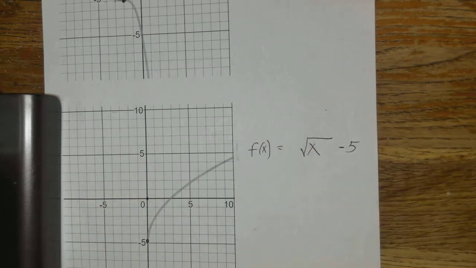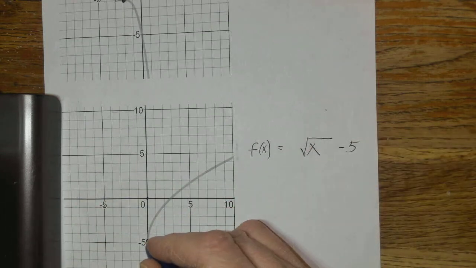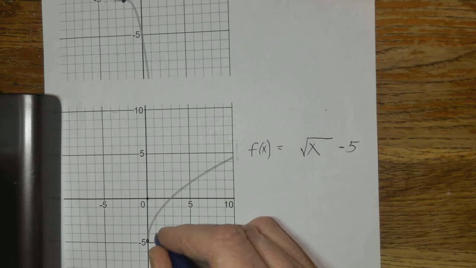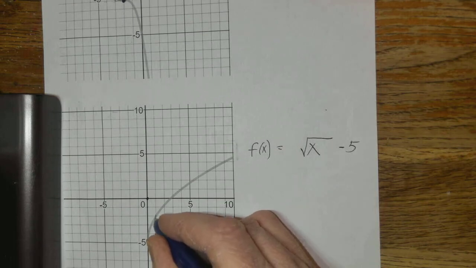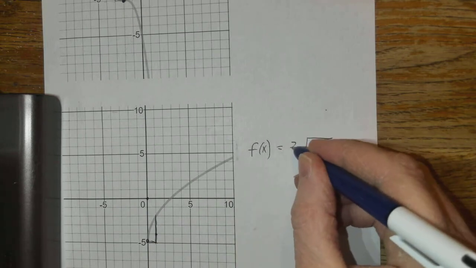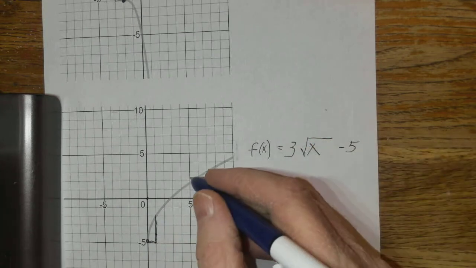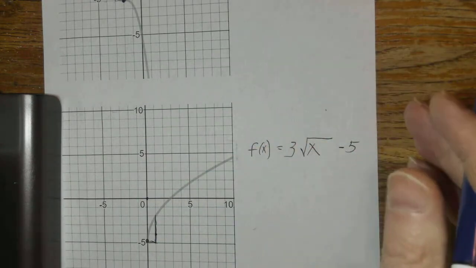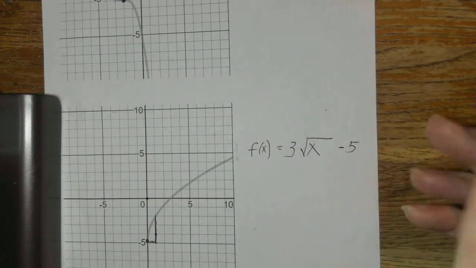We've lowered it 5 units. Now, you remember the square root of 1 is 1, right? When we went over 1, we'd be up 1. But now we're over 1 and up 1, 2, 3. That's 3 units there for that first unit over. That tells me that's the multiplier. It is going up. It's increasing like the square root function does, so that's not being reflected.